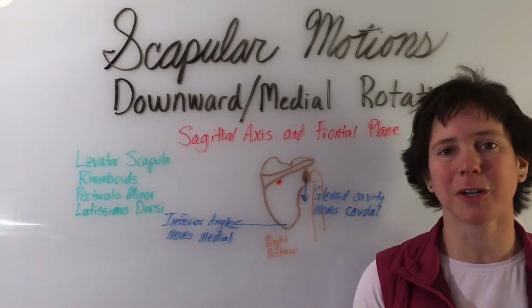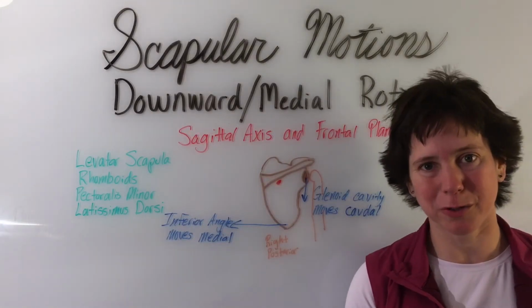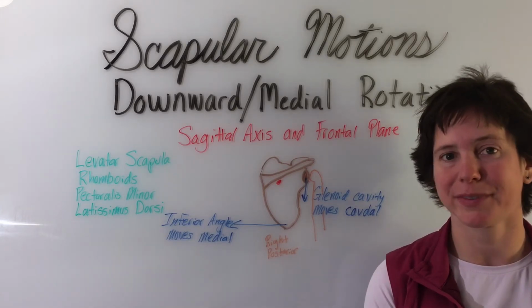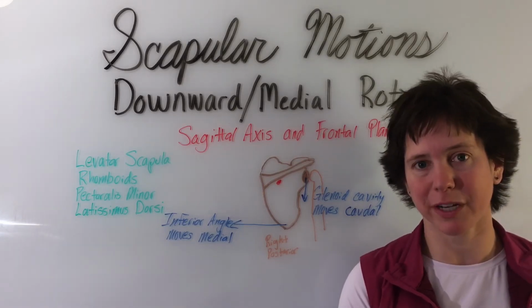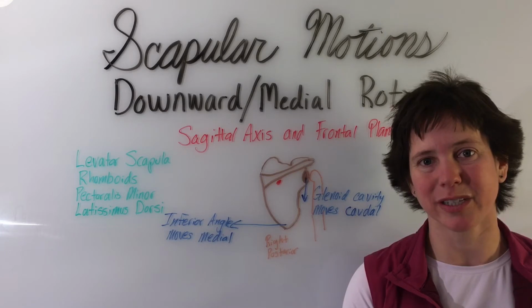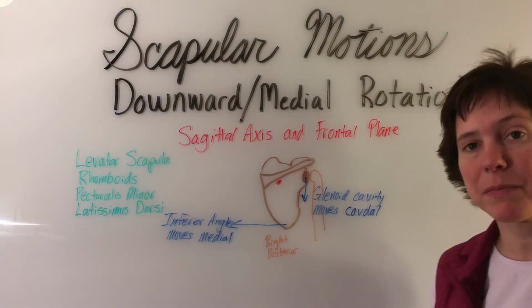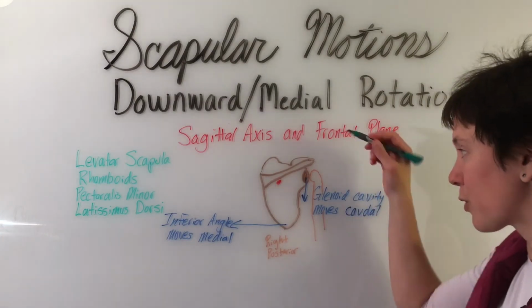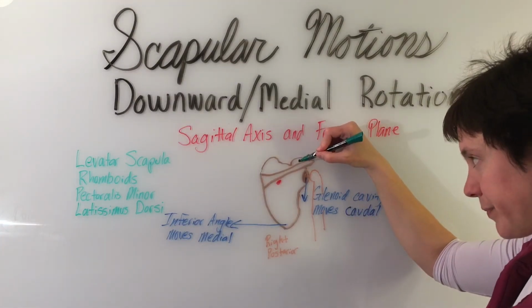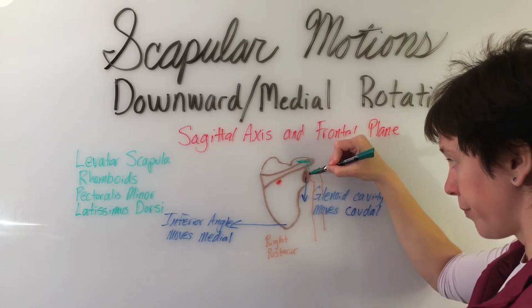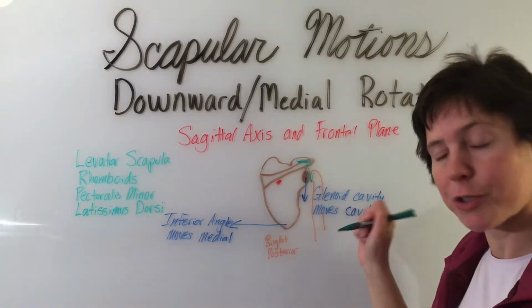The muscles involved with downward or medial rotation of the scapula include levator scapula, both rhomboids major and minor, latissimus dorsi, and pectoralis minor. So the pec minor attaches to the coracoid process of the scapula and will help pull in a caudal direction.